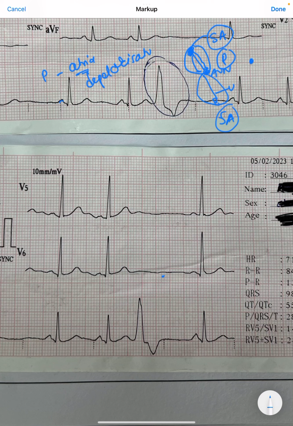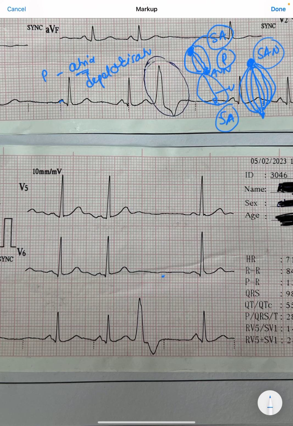So the P will not originate, or the P will not get transferred to the AV node. So this P wave will not get conducted. As this impulse is not conducted, it means this impulse does not exit the SA node at all. That is the reason why you do not see that P wave.